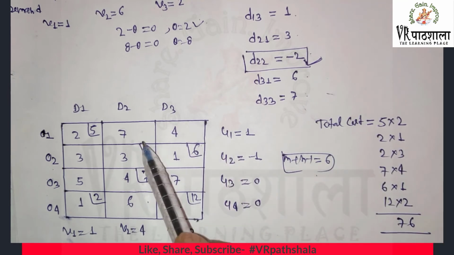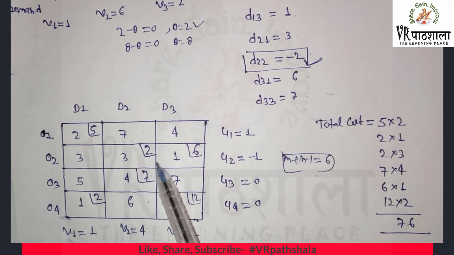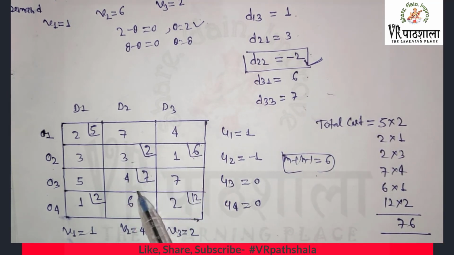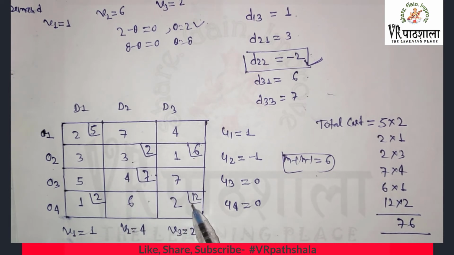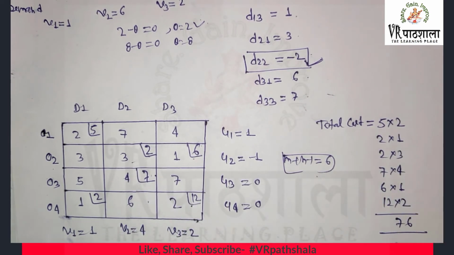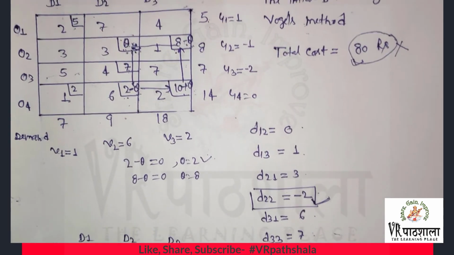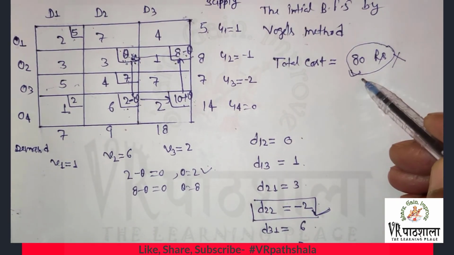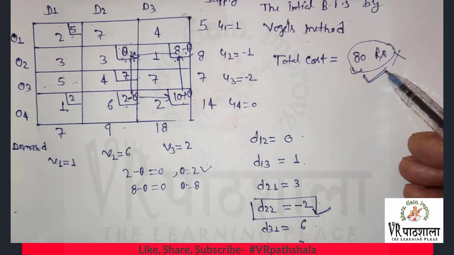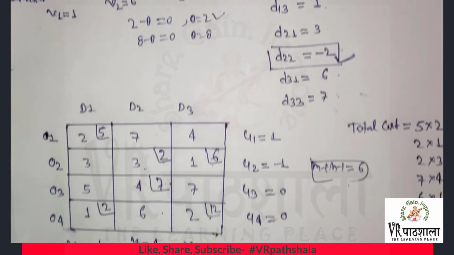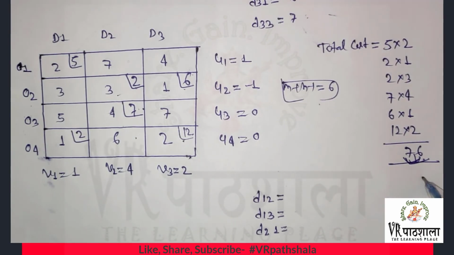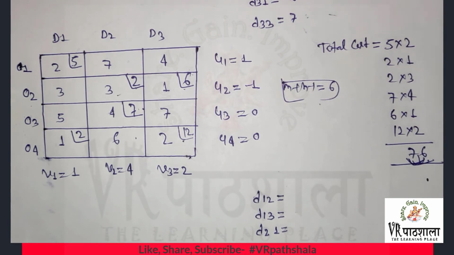Now the total cost is 2 into 5, 3 into 2, 1 into 6, 4 into 7, 1 into 2 and 2 into 12. So the total cost now is 76. In the first step the total cost was 80. Now we have improved this cost. Now the cost is 76, which is less than 80.